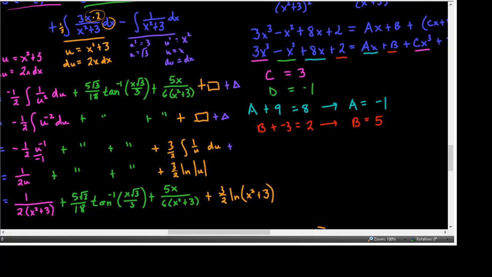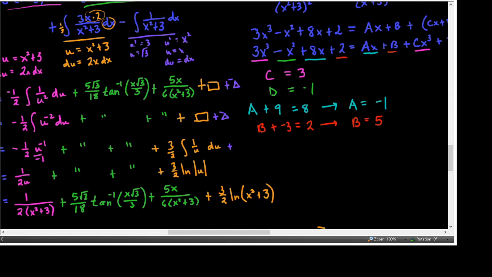Okay, so what goes there is going to be, oh, I'm sorry, that's a minus. Rats. Okay, well, I'm going to make this a negative something because of that minus. I messed that up.